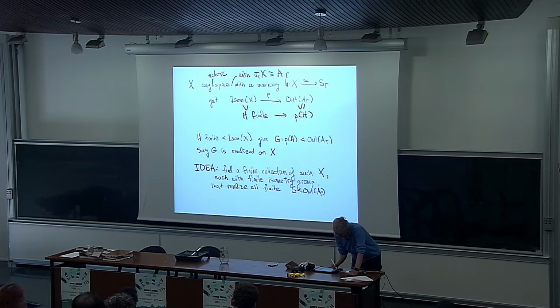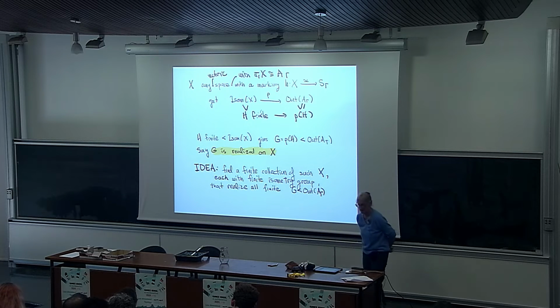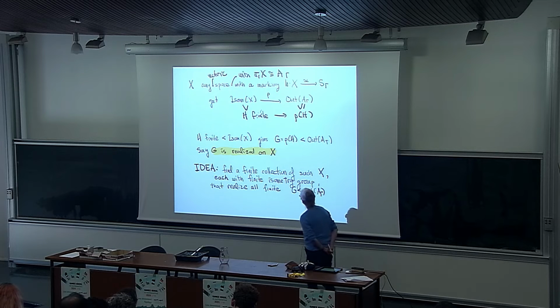I want to say that the group G, a finite group, is realized on X. What I mean to say that a finite group is realized on a nice space X is that there's a homotopy equivalence from X to my standard S gamma so that rho of H is my group.